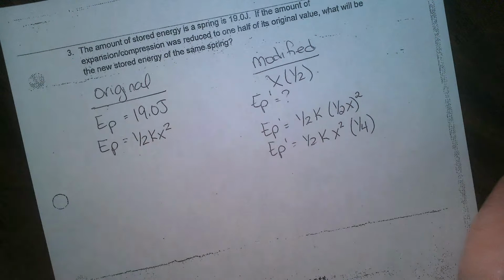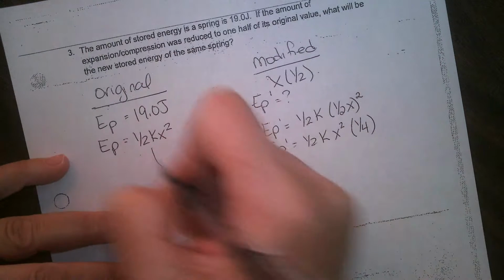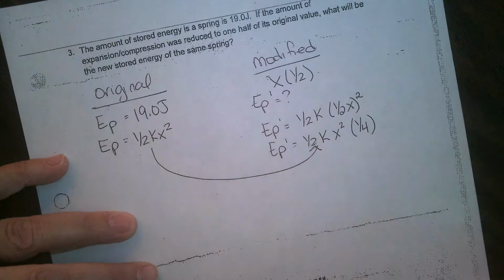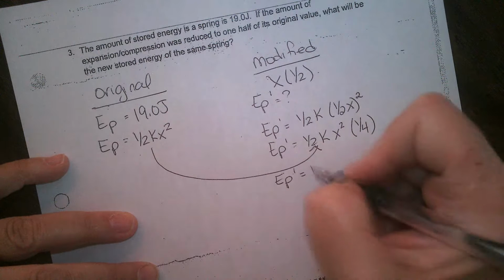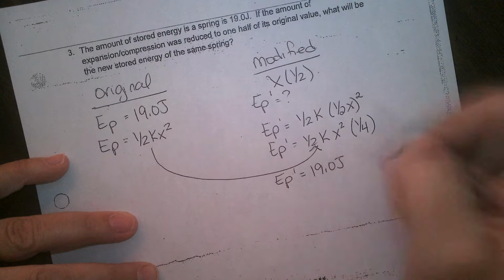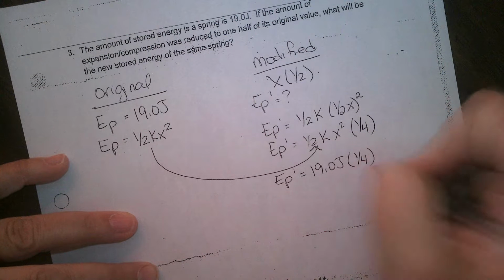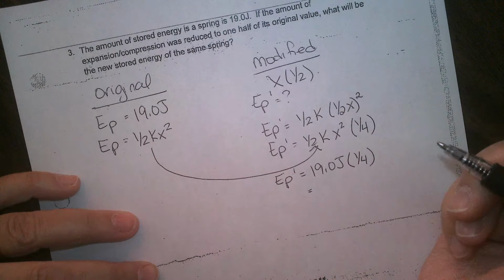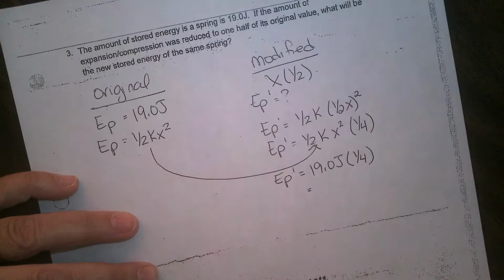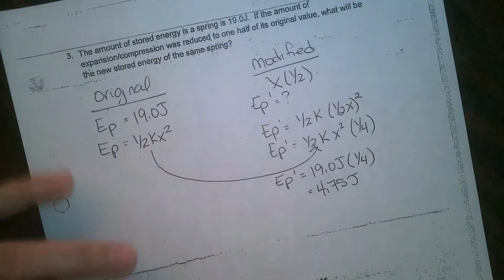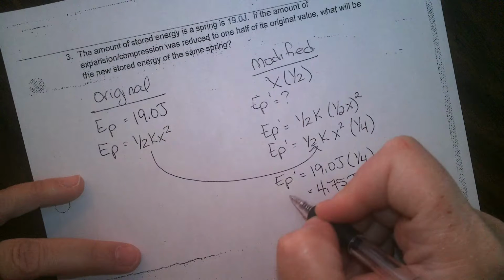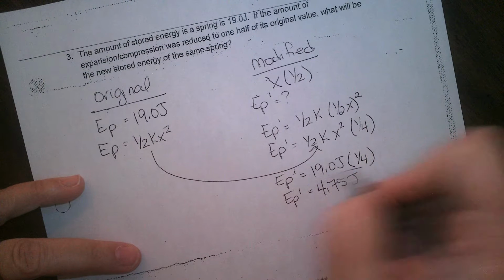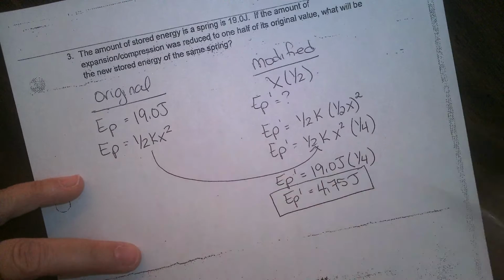So all I'm doing is pulling out the numerical part separate from the formula. And so then I could say EP prime is equal to 19.0 joules times 1/4, which would be what? Okay, 4.75 joules. That's what E prime is going to be. That's the new modified energy.